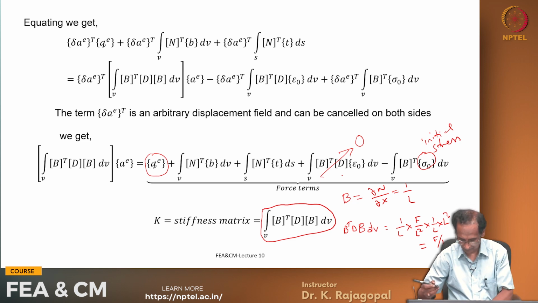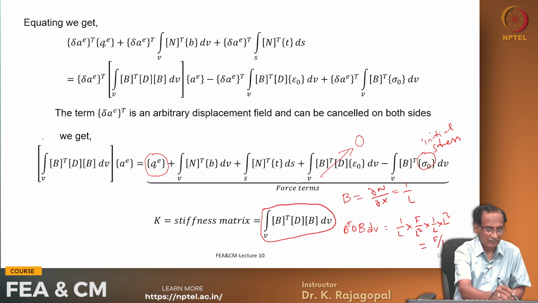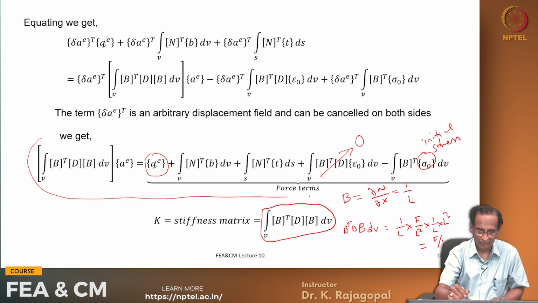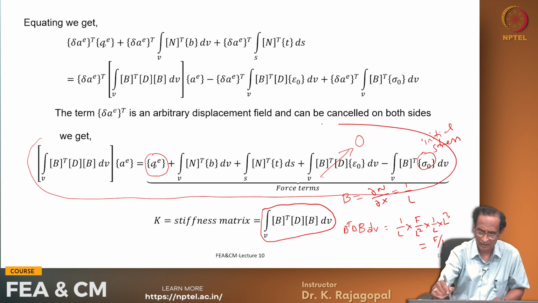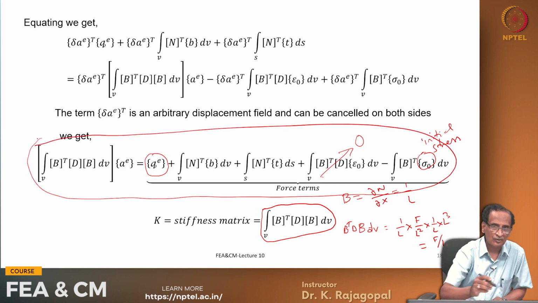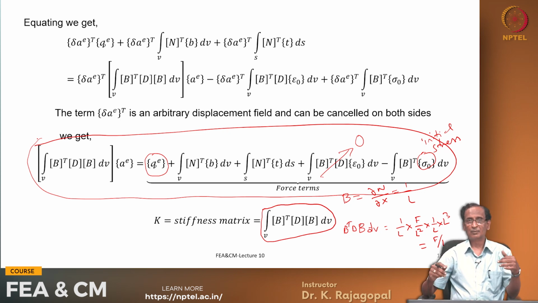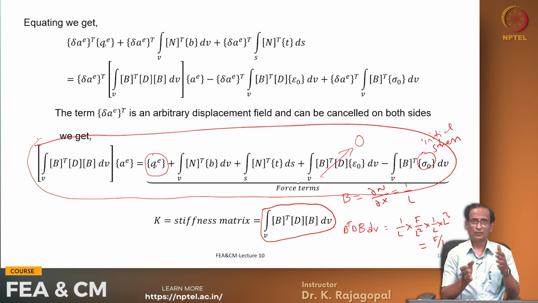If you are able to calculate all these terms, we will be able to do the computations for a continuum. We have done these things for prismatic elements, for bar, beam and spring elements, and now we need to do the same thing for a continuum.